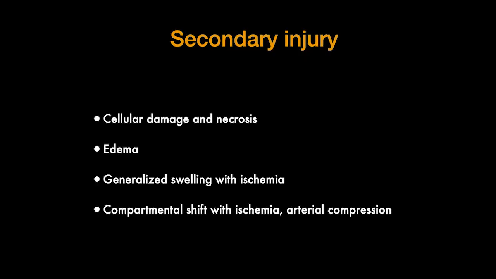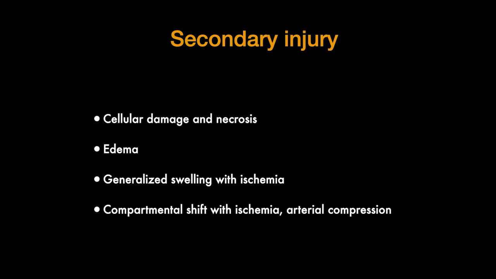Secondary injuries are the consequence of the physiologic response to injury. And so you get cellular damage and necrosis, and then you get edema, so swelling. And the problem with swelling in the calvarium is that there's nowhere for the brain to go. So generalized swelling will compress arterioles on the surface of the brain and lead to ischemia.